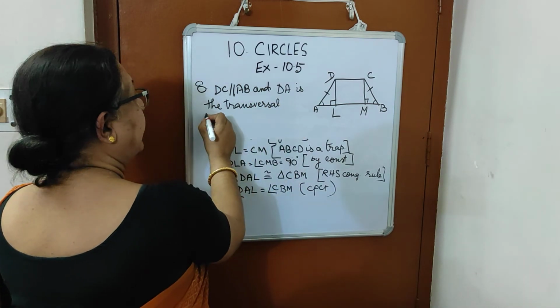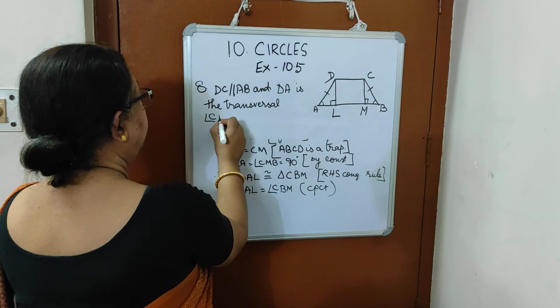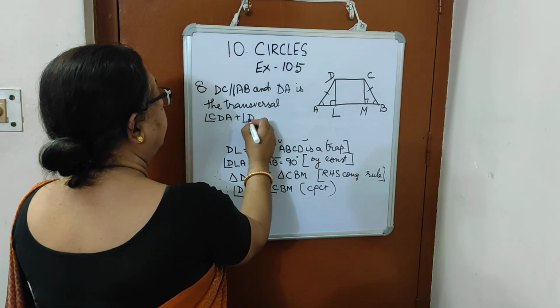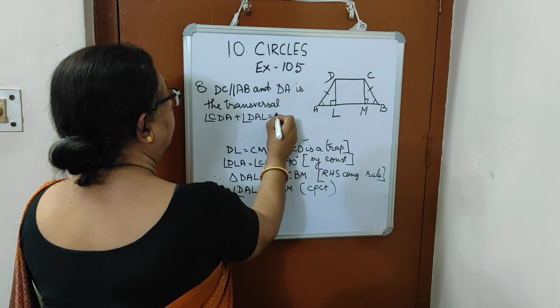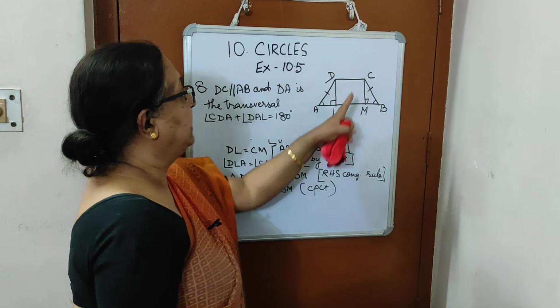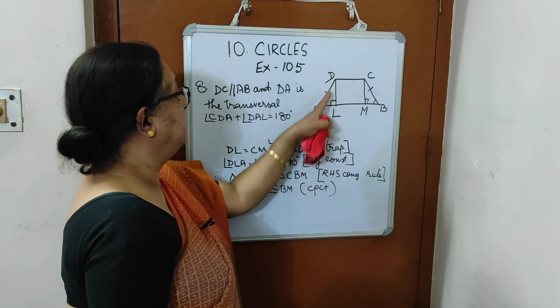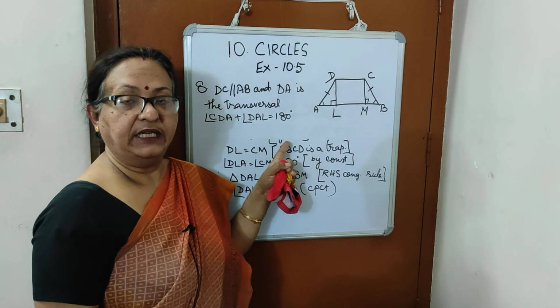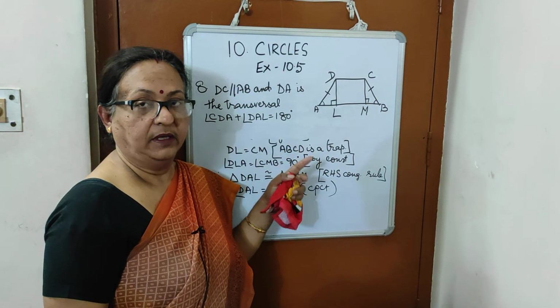So can we write this, angle CDA plus angle DAL equal to 180? Angle CDA plus DAL, the sum of these two is 180. Can we write it? Yes.